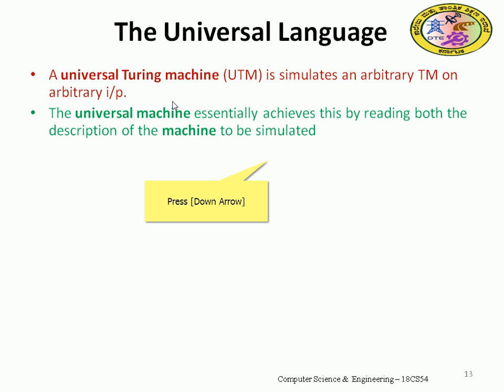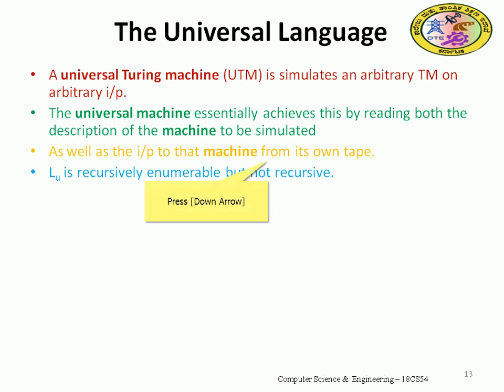It essentially achieves this by reading both the description of the machine to be simulated as well as the input to that machine from its own tape. LU is recursively enumerable but not recursive.